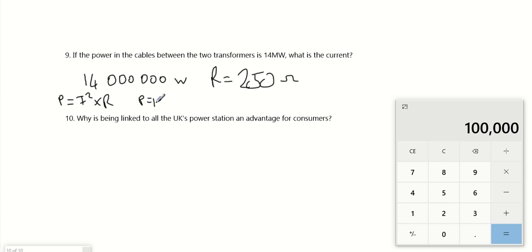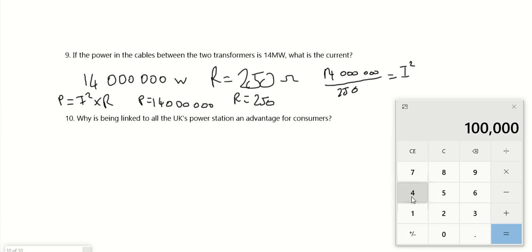P equals 14 million, R equals 250. So P, 14 million, divided by R, 250, equals I squared. Well, let's do that in the calculator to start with. So 14 million divided by 250 is 56,000. Okay, and then we square root that.